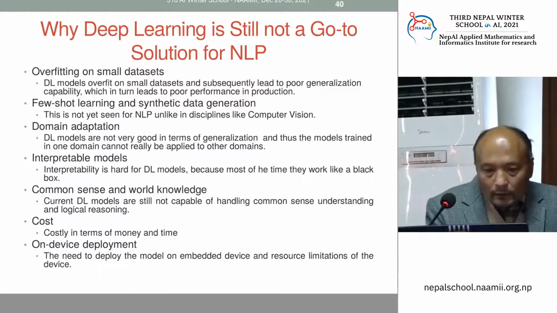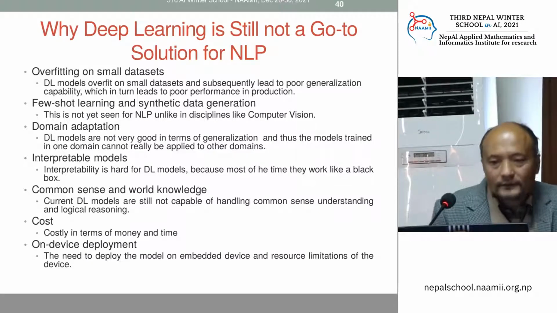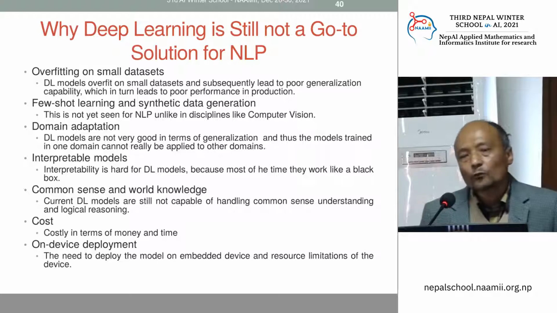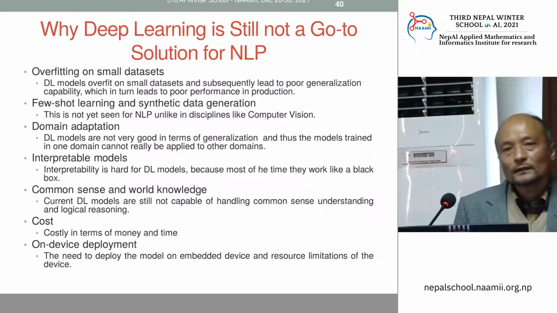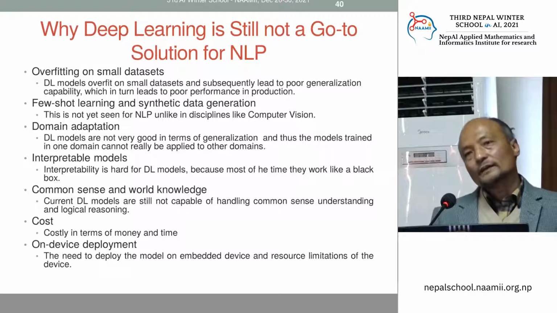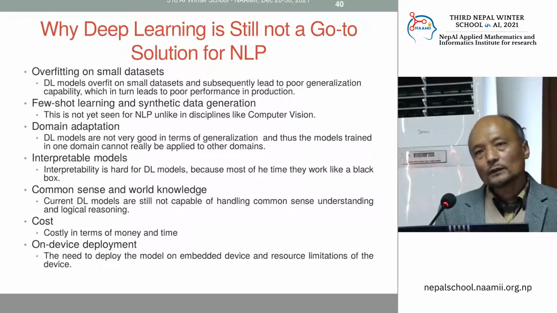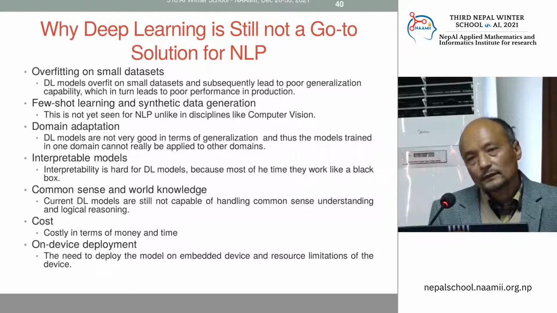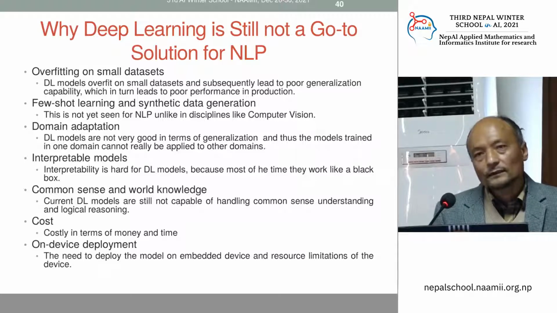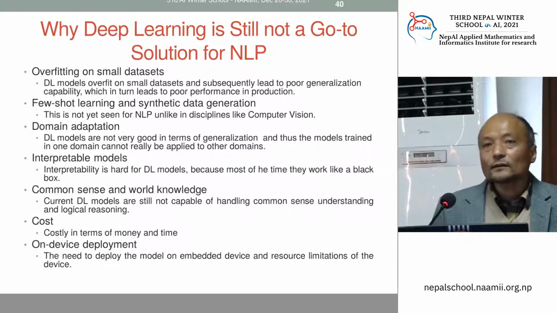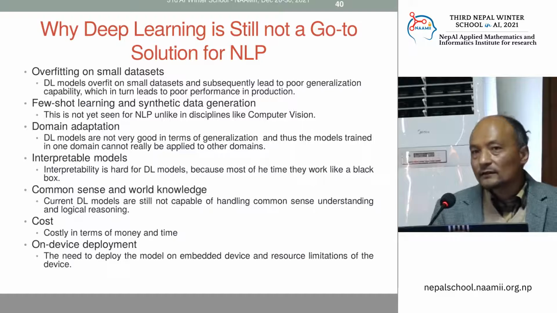These are some of the reasons why deep learning might not be the right model for solving all the varieties of NLP tasks. Having said so, this is not a generalized statement.